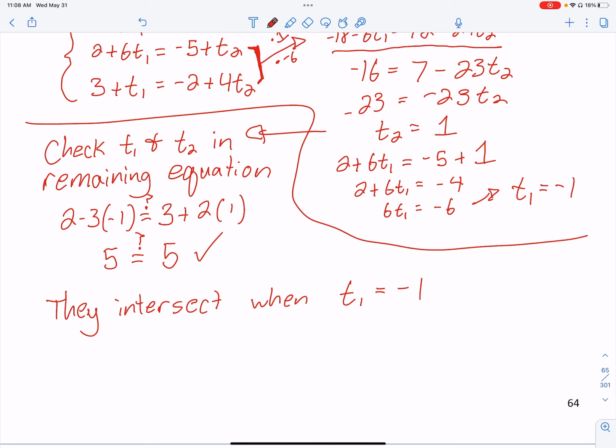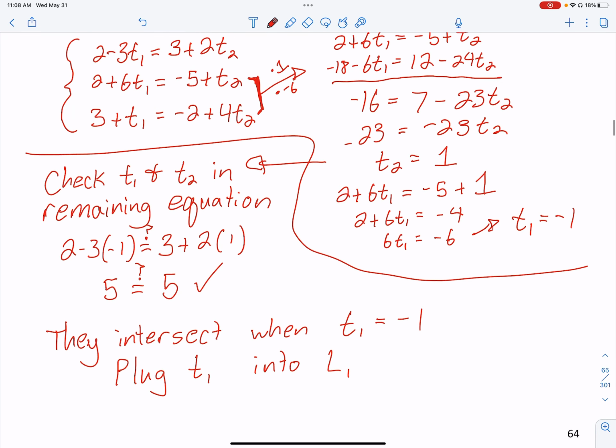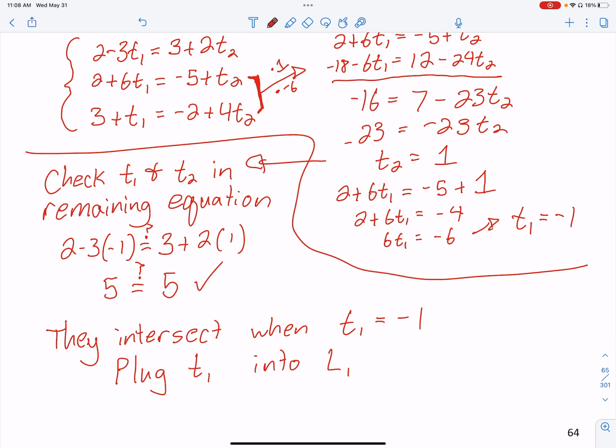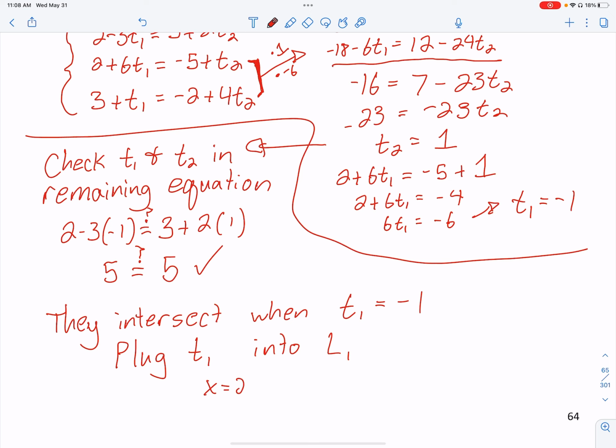So to find my x, y, and z, I just plug t1 into L1. Okay, L1 is that very top one, it's any of the t1s. So okay, I get x equals 2 minus 3 times negative 1.